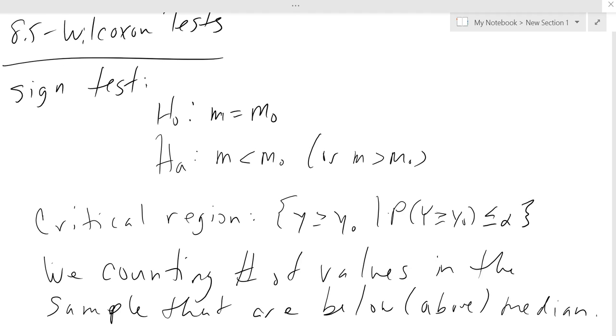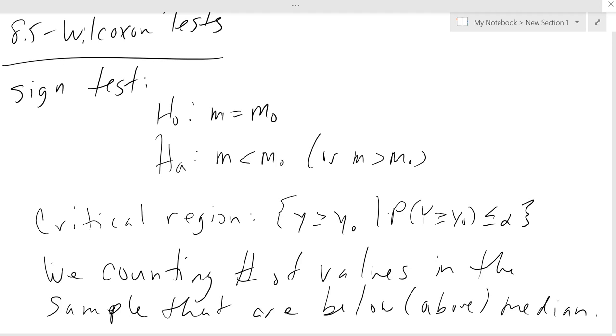Now, notice what the sign test does not take into account is the size of the particular values in our sample. Notice that it doesn't take into account relative sizes at all, right? All it does is say, above the median, I'm going to give it a +1. Below the median, I'm going to give it a -1.